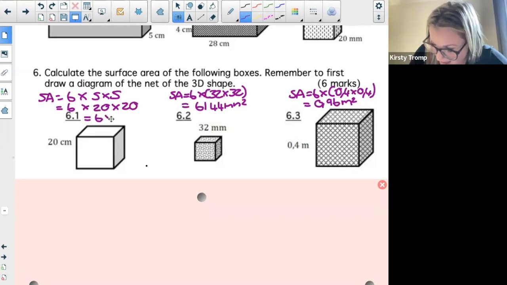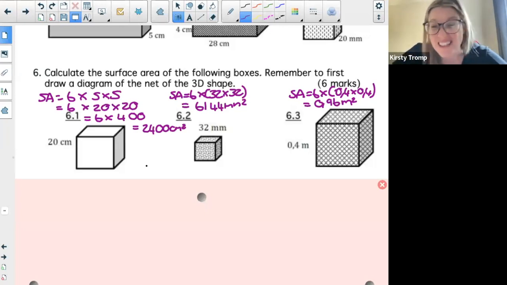So 20 times 20 gives me 400. And 6 times 400 gives you 2,400 centimeters squared. I like doing things with steps. Because when you do it in steps, it just makes it a lot clearer. Am I right? Yes, ma'am. When you skip the steps, then you miss out on stuff. So I don't blame you. Thanks.